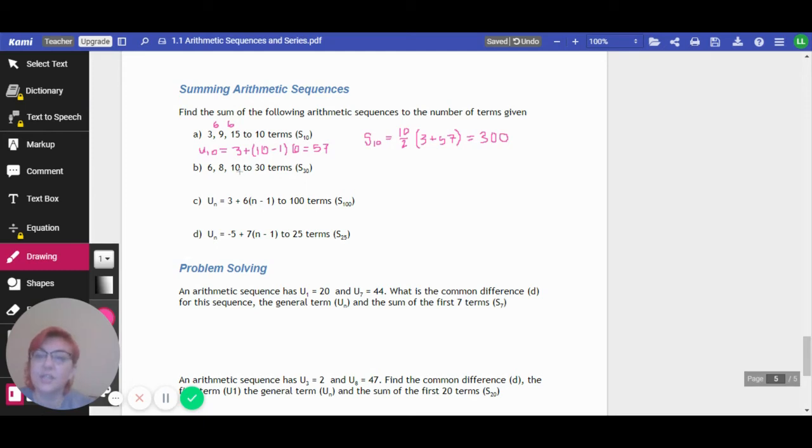Next, we're going to do this sequence to 30 terms, 2 and 2, so my common difference is 2.